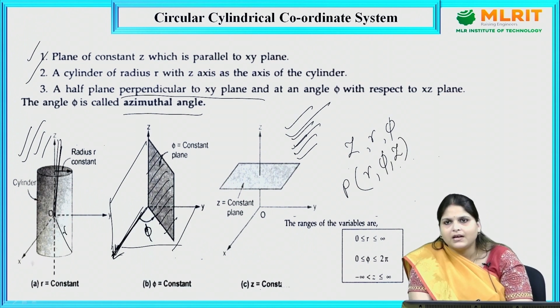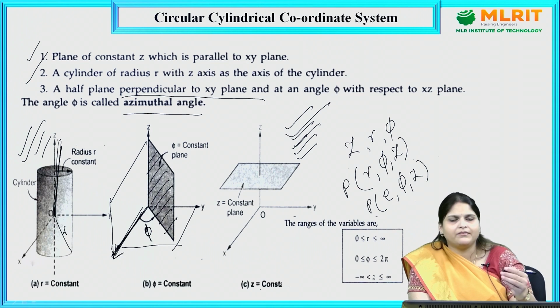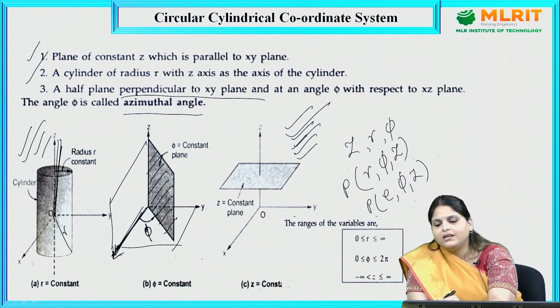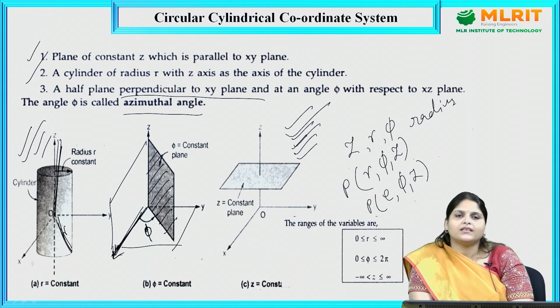In place of this r, which defines the radius of the cylinder, even rho can be written, so P(rho, phi, z). Whether we use r or rho, we are talking about the radius of the cylinder. So these are the coordinates, rho phi z or r phi z.